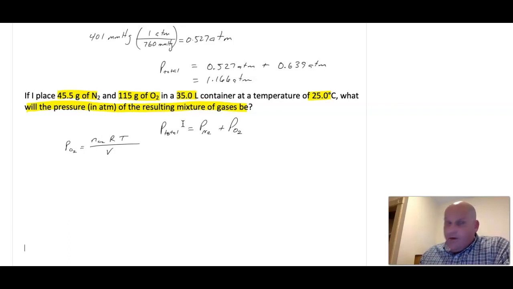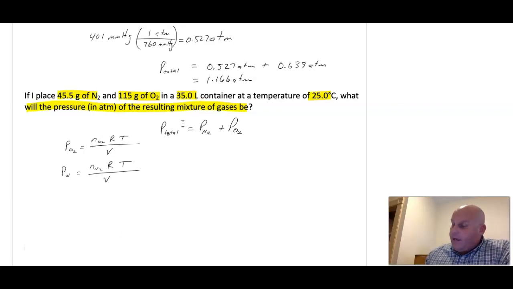And then I could solve for the pressure of N2 using, again, the moles of N2, which I would have to do my mole conversion, the R, and again here the temperature is the same for both, and the volume is the same for both.